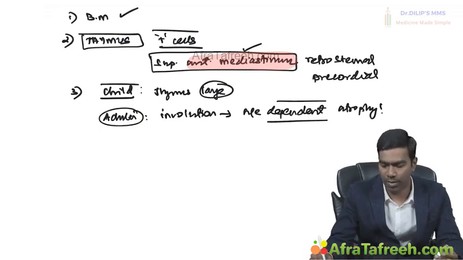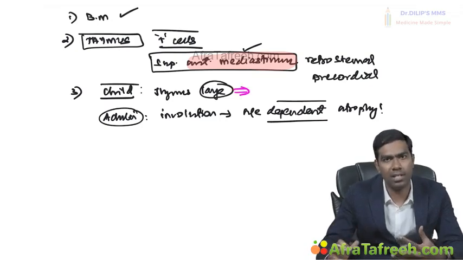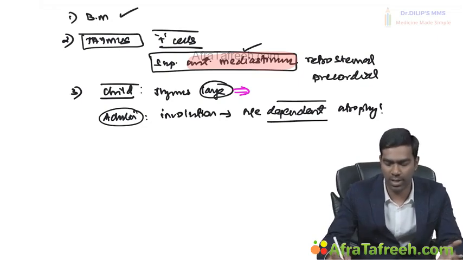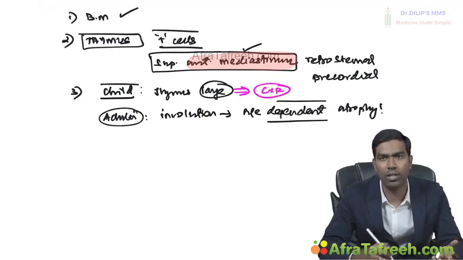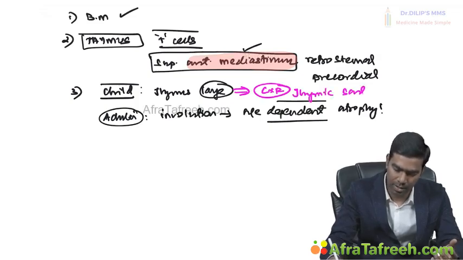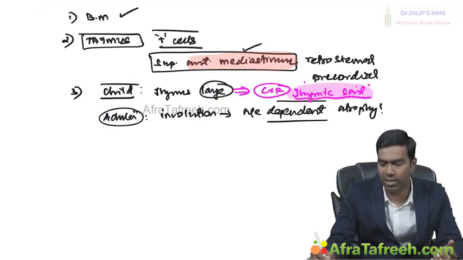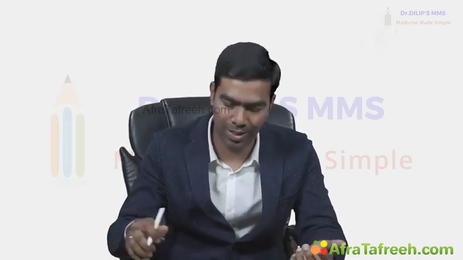So in children this large thymus can be seen very prominently in the chest X-ray, giving rise to something called a thymic sail sign. It's a very common question in the exam. What do you mean by thymic sail? Thymic sail is something you see in the chest X-ray, a prominent thymus shadow, very common in neonates and newborns. That prominent thymic shadow in the X-ray is what we refer to as a thymic sail, which I will show you in some time.